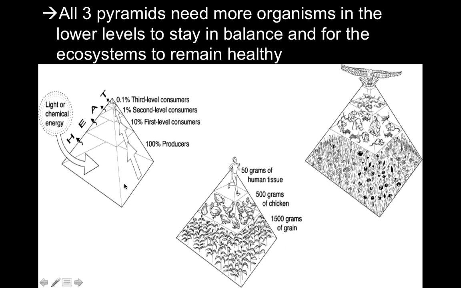So this is another reason why we need to protect our producers, our plants and algae, so they can provide energy, biomass, and just have enough food for the levels of animals that work their way up in the ecological pyramid. All right, that's it for part 2.